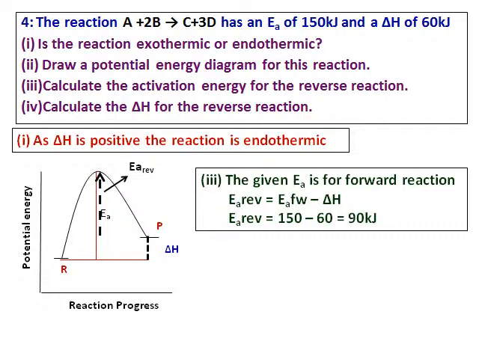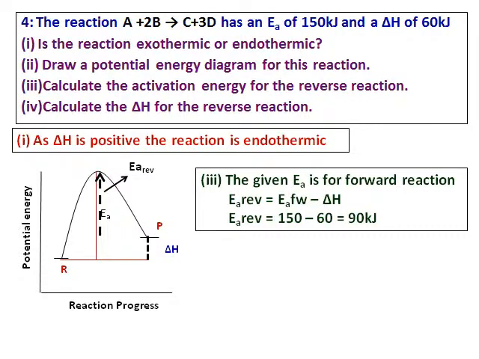Therefore, the activation energy for the reverse reaction will be equal to E forward minus the delta H, because that amount of delta H is now decreased from the activation energy, and hence the reverse activation energy is equal to 150 minus 60, that comes as 90 kilojoules.